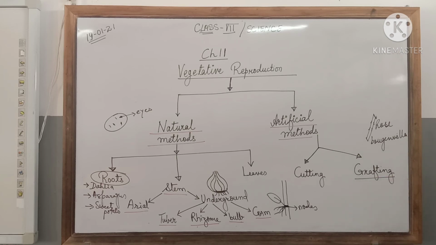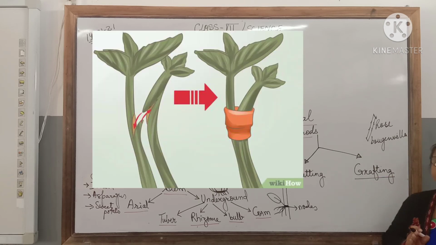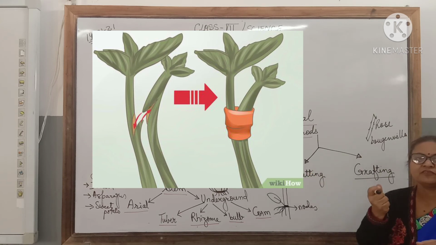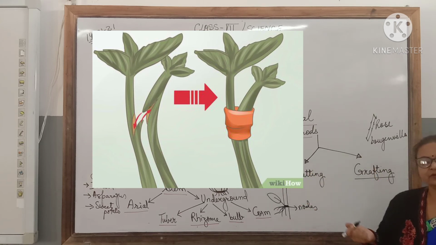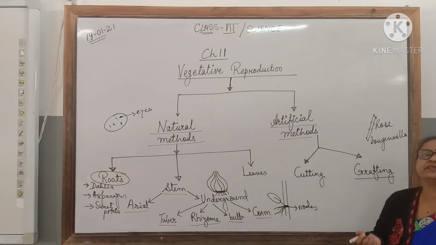Second method is grafting. Grafting is like joining two stems. Joining a branch from one plant to the stem of another plant.